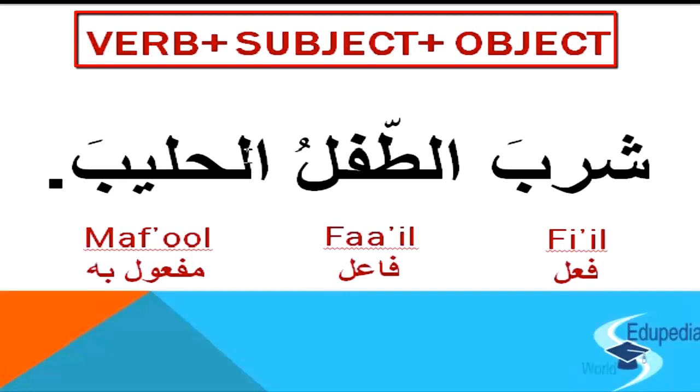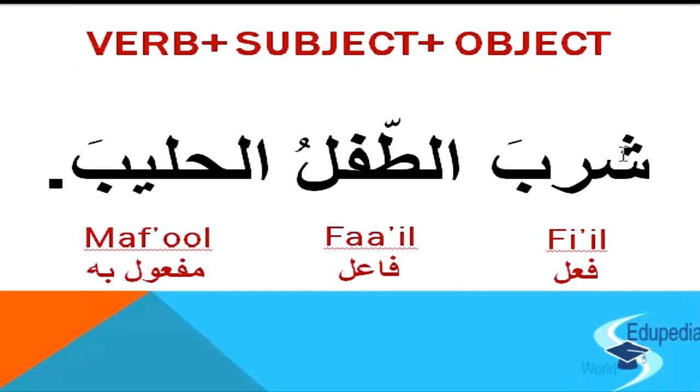Example: with L, it is الحليب; without L, it is حليبا. So this is regarding the vowels of the object. In this case, the verbal sentence has three parts: the verb الفعل, subject فاعل, and object مفعول به.